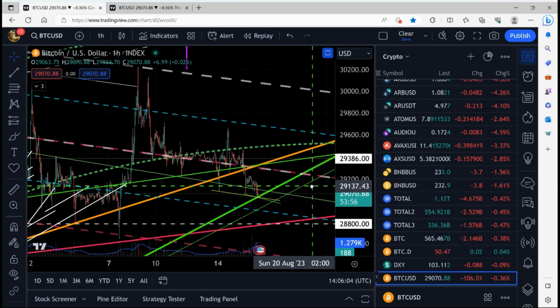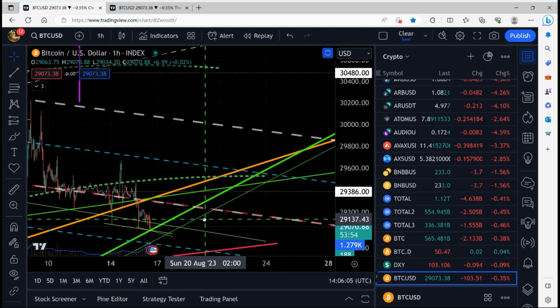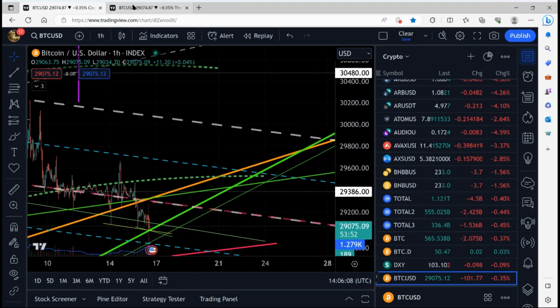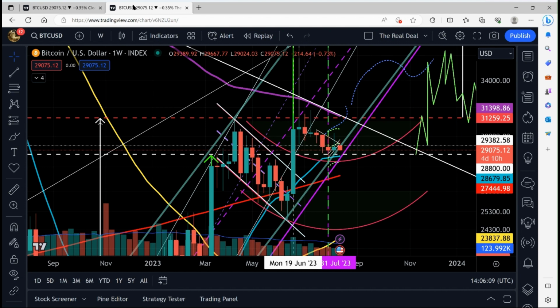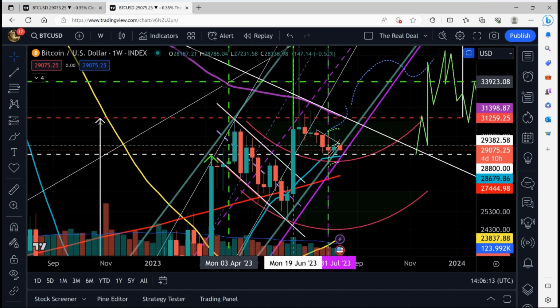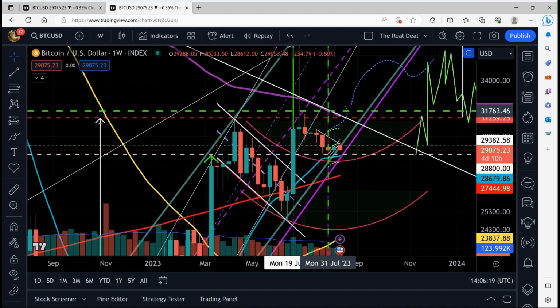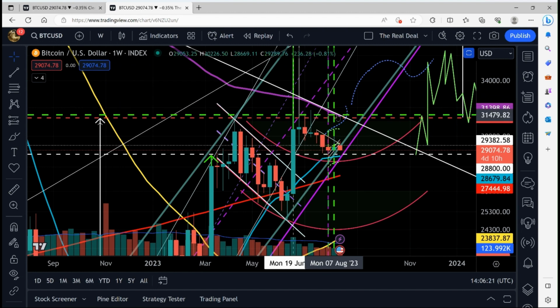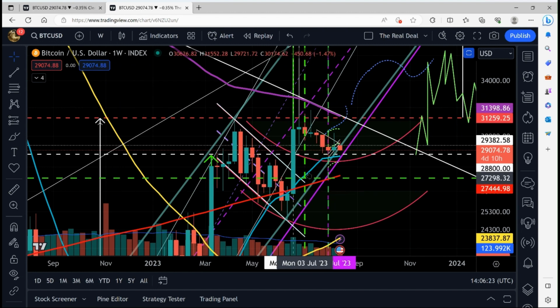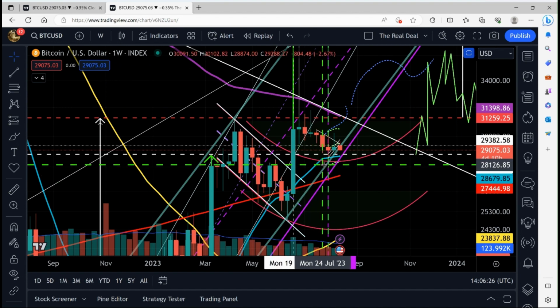Now, when we do bounce, where are we going? Next target, what I'm really looking to see: the purple line here, my cursor is on, is the 100-day moving average. The aqua line coming up here is the 100 weekly moving average.